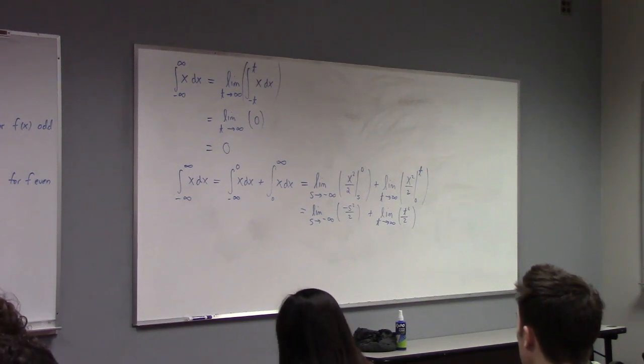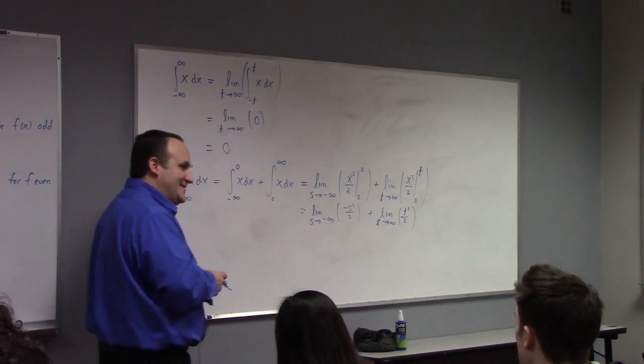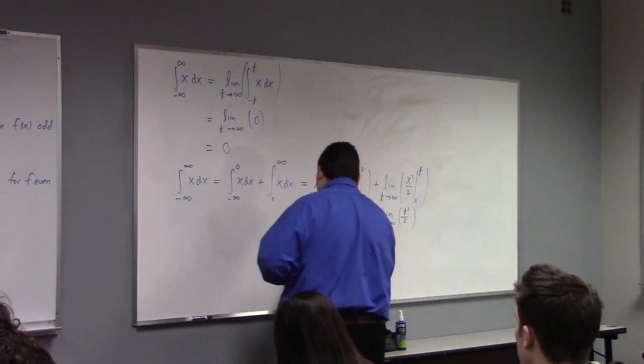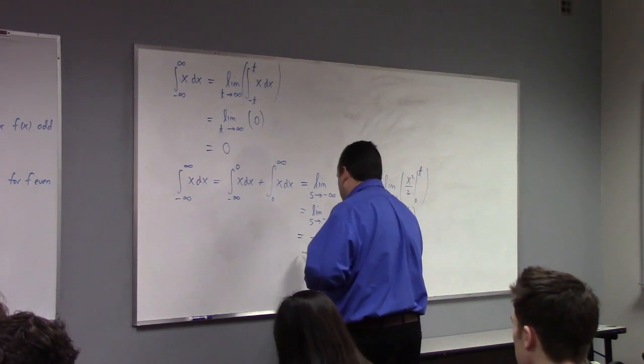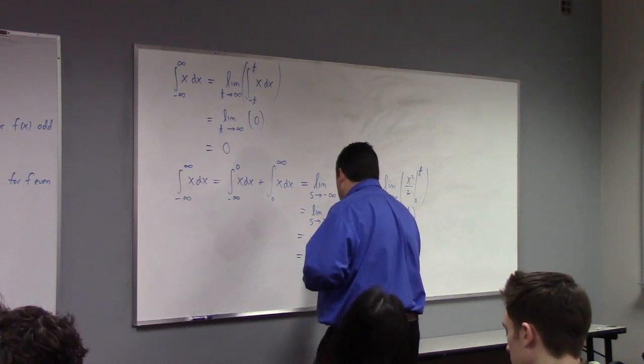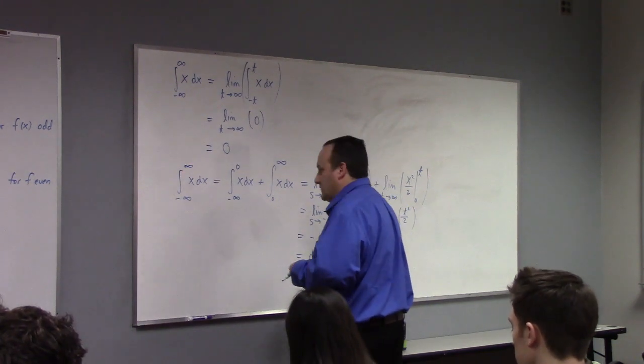Now, if you're nonchalant about how infinity works, you might be like, oh, they cancel. But that is not how this works. These are not a connected infinity. This is minus infinity, this is plus infinity, but this does not exist, okay? It does not exist is what we say in this case.